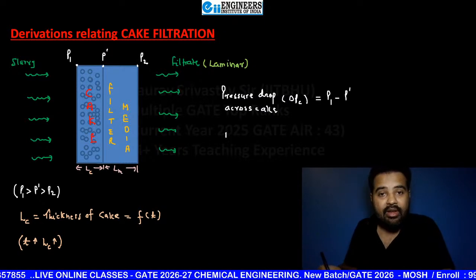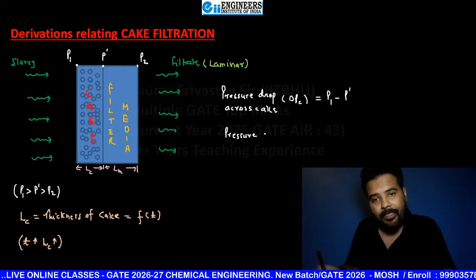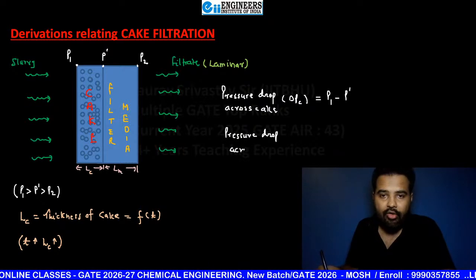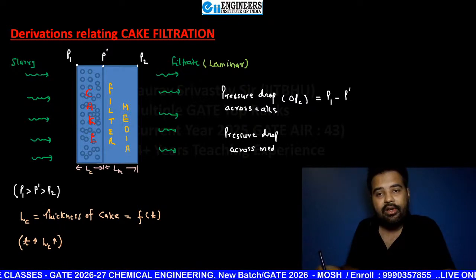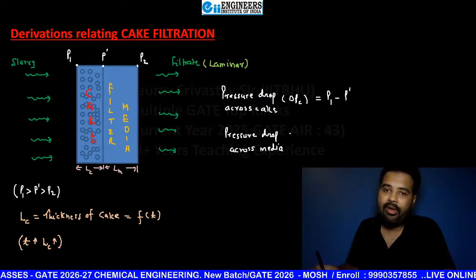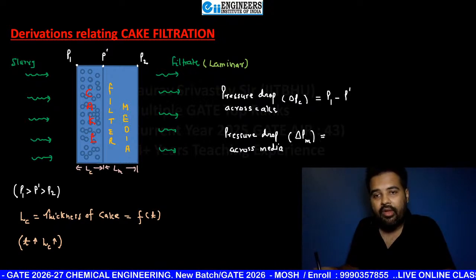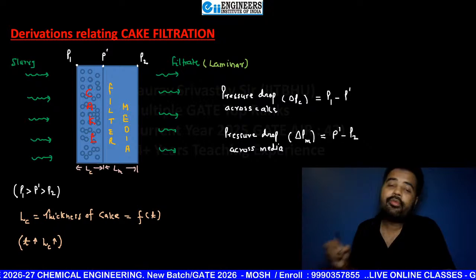In a similar manner, if I am writing the pressure drop across the media, that is the filter media, if I write it as delta P m, it can be written as P dash minus P2.